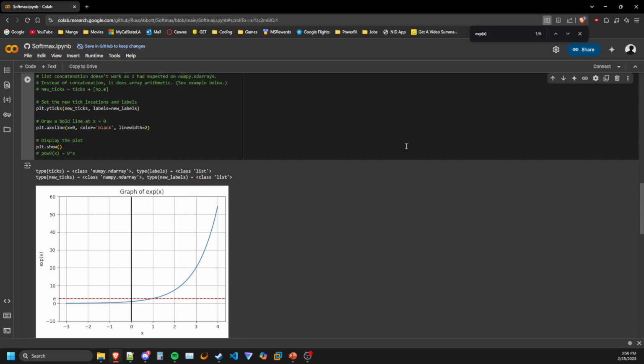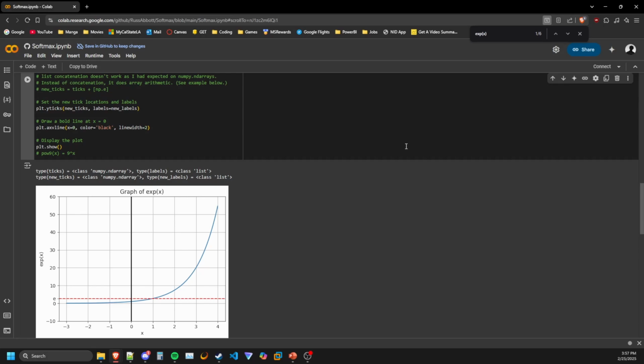In this case, 9 instead of e, which is roughly 2.718. So this gives faster exponential growth. It exaggerates the differences even more than with exponentiation of x, and it makes the highest value dominate further.